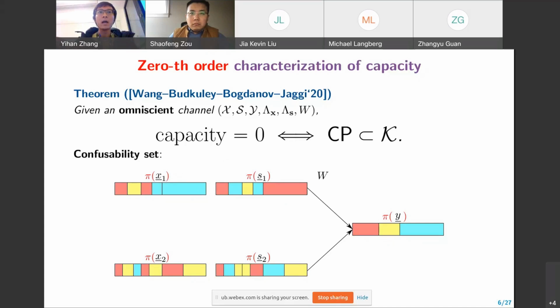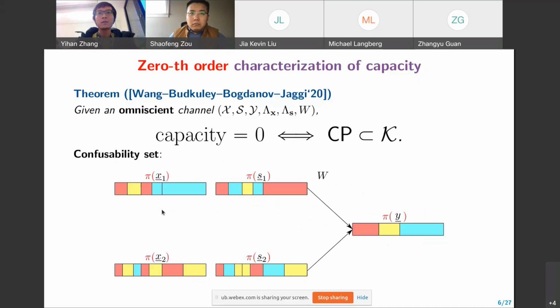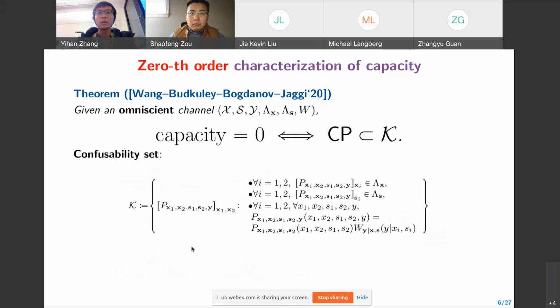So I collect all types of confusable pairs X1, X2 and call that K. This is basically the set of distributions P of x1, x2 which satisfies this structure. This is a complicated equation, but it's really just describing the previous structure. That's the right-hand side of the equation, K. It's given by the channel. Given any channel, I can compute it.